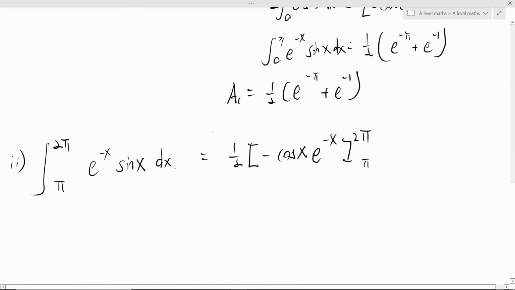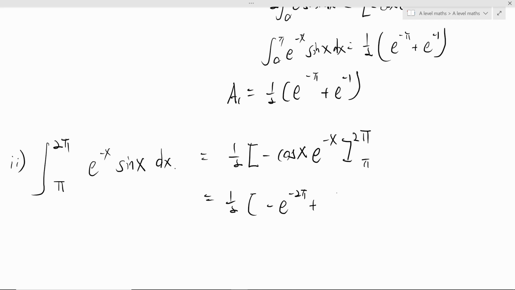That gives you a half of minus e to the minus 2 pi plus... is it plus? We got minus a minus 1, so it is indeed a plus. No, it's actually minus. Yeah, it's actually minus, minus, a minus. So it's actually minus here. Minus e to the minus pi. Okay.